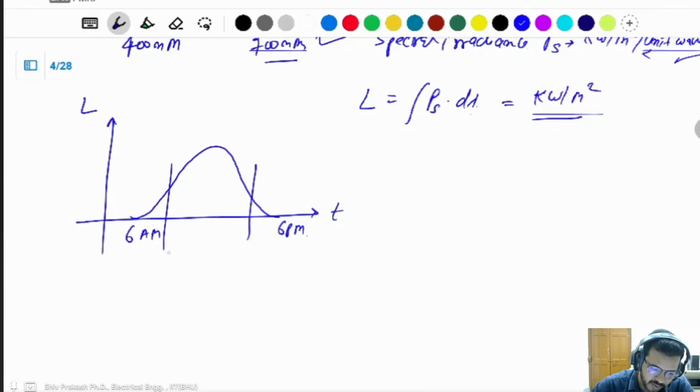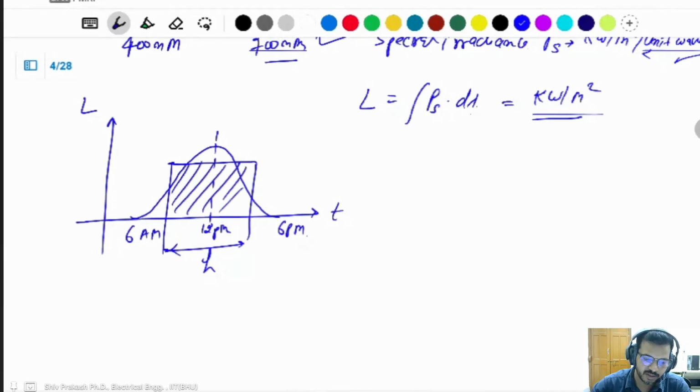This is the range, and this will be 12 p.m. Any hour you can take. This one is the hour which is converted to the maximum insolation.